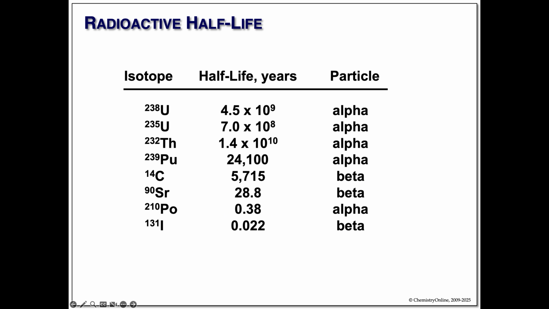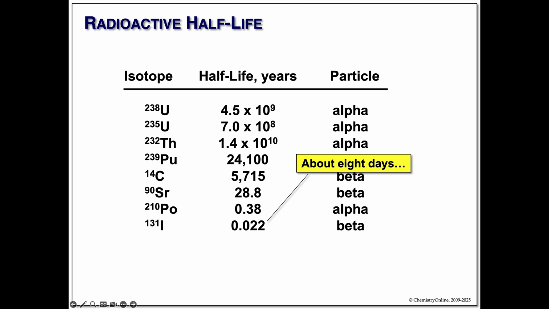Thorium is 10 to the 10th years. Plutonium, 24,000 years. Carbon, we'll talk about, it's about 5 to 6. Strontium, polonium, 0.38. Polonium-210 specifically. And iodine, very, very fast, 0.02 years. That's about 8 days.